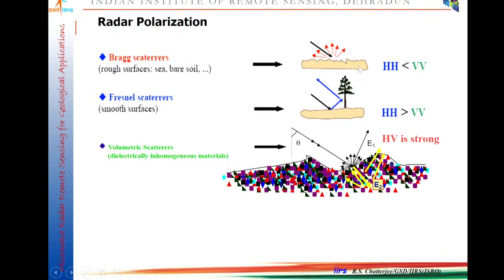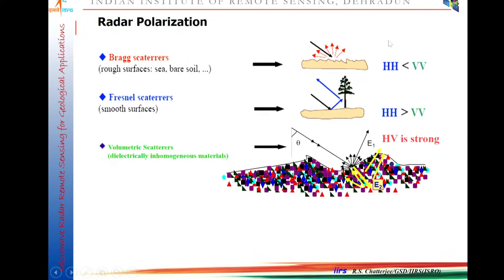How much of the radar wave will be scattered back to the antenna? It depends on the nature of the surface. If the surface is rough in terms of the wavelength of the radar, then we can call that the scatterers, that means elementary targets where the scattering takes place, behave like Bragg scatterers.